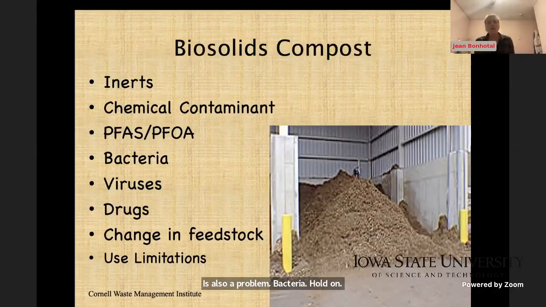Bacteria can be a problem because we have a lot of regrowth in bacteria. Viruses, generally not. Generally, those are wiped out pretty quickly by the first round of heat. Drugs, a lot of those do break down.